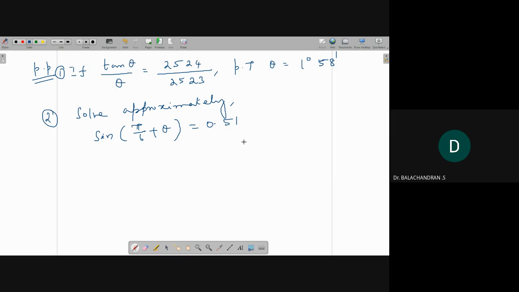The answer is theta equal to 0.115473 radians, or if you want to tell in degrees, 0 degree 39 minutes, approximately.